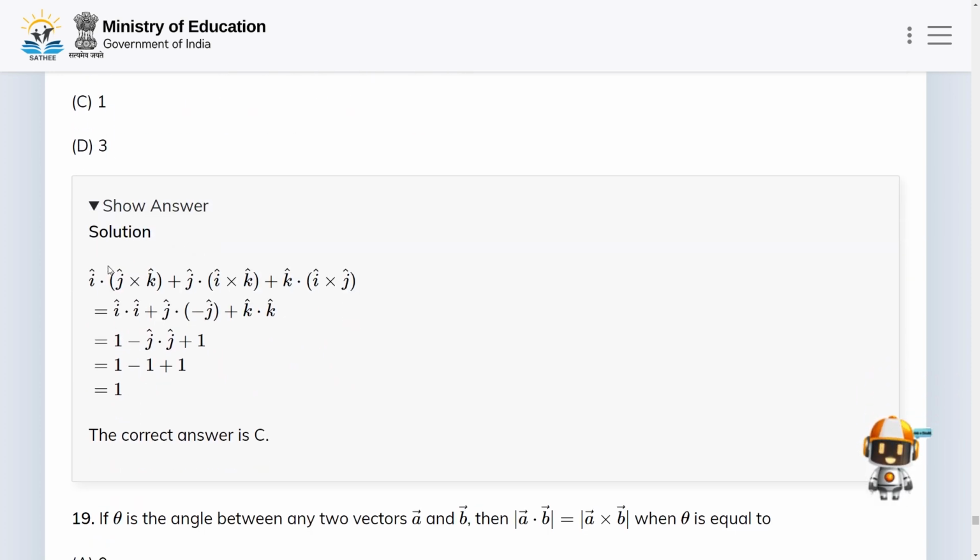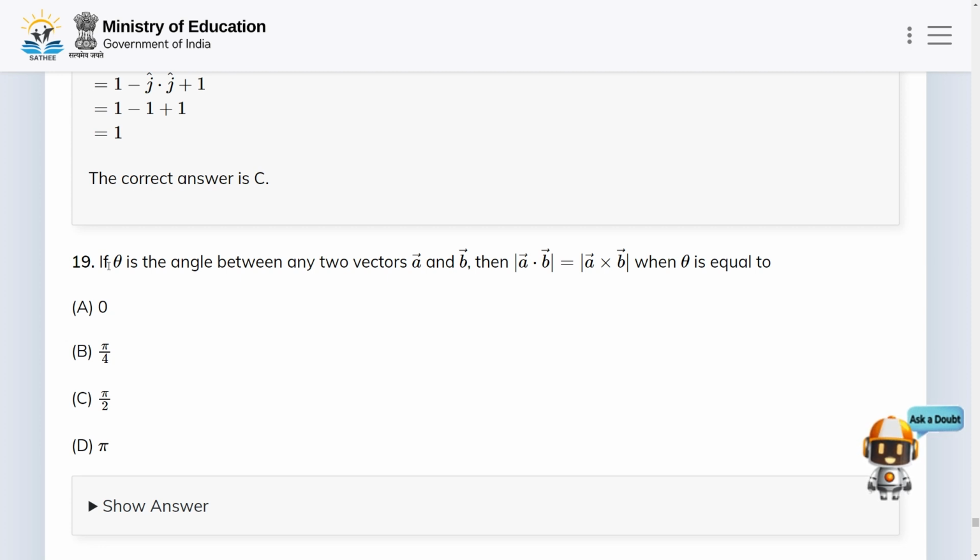Now the last problem of this miscellaneous exercise. If theta is the angle between any two vectors, vector A and vector B, then the magnitude of the dot product of A and B is equal to the magnitude of the cross product of A and B. You have to find at what condition this will happen, that is, what must be theta in such a case.